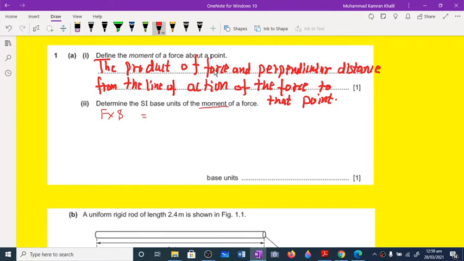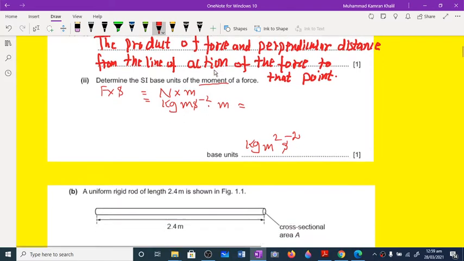The unit for the force is Newton and the distance is meter. Now the Newton is not an SI base unit, so for 1 Newton we will use kg m s minus 2, and then into meter. So the correct answer will be kg m square s minus 2. So I have told you the common mistake related with this question.